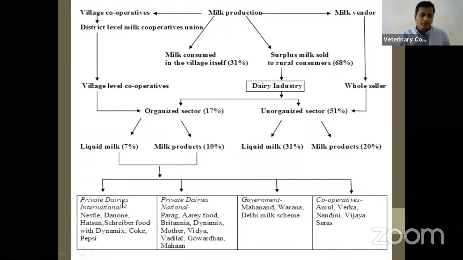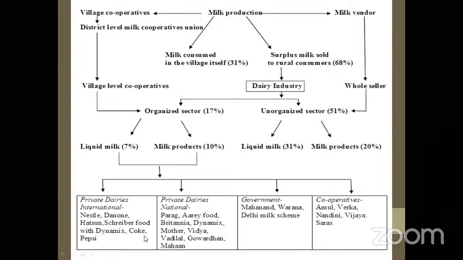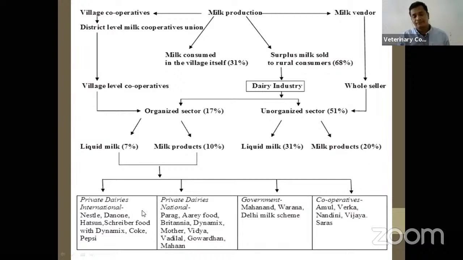Some of the important private dairies that are international players are Nestle, Danone, Hudson, and Schreiber Foods. They have collaborations with Dynamics Dairies, Coke, and Pepsi. These are all international brands in the dairy business. At the national level, the important drivers of the dairy industry are national-level private dairies.